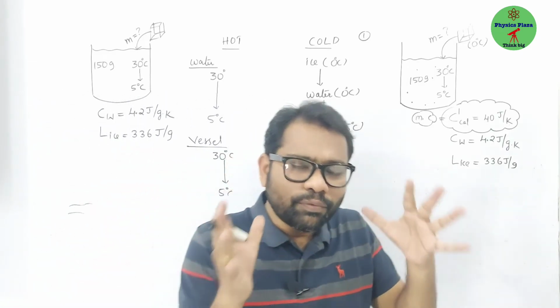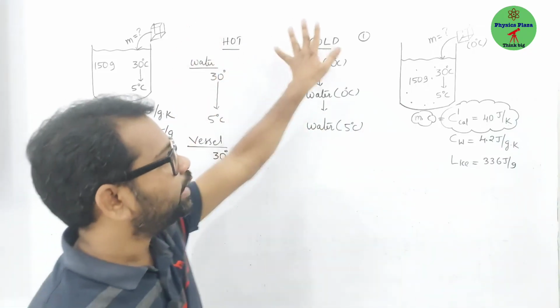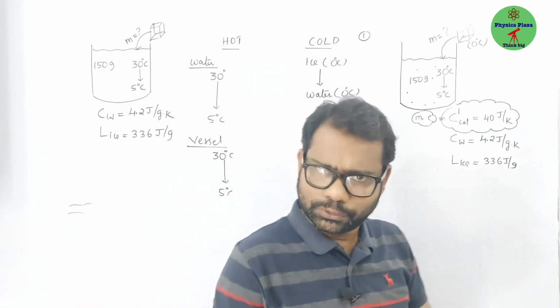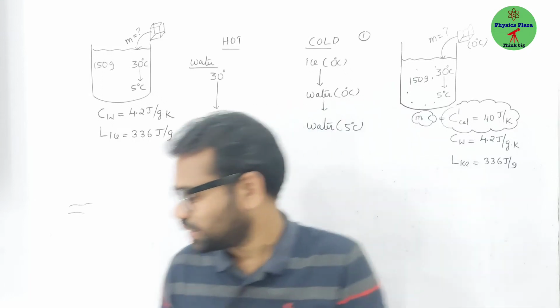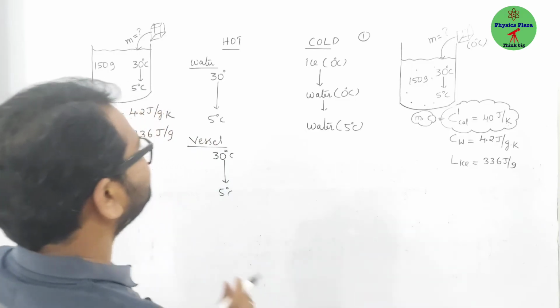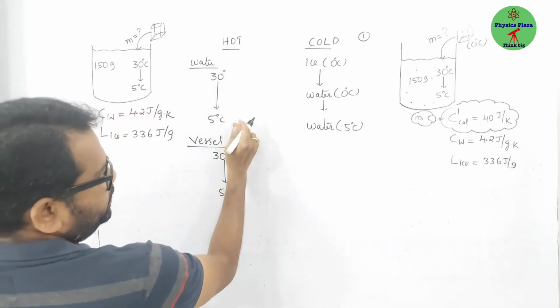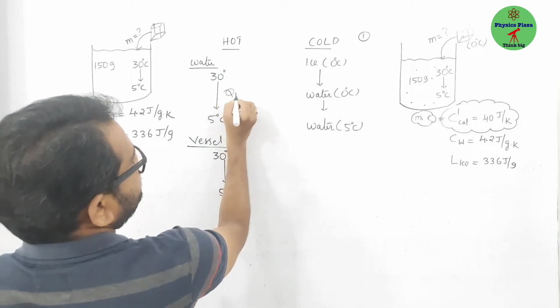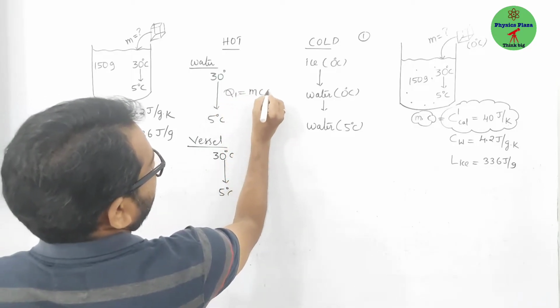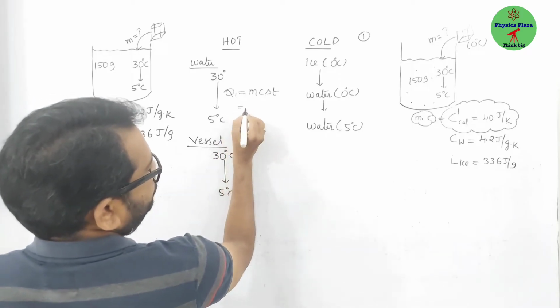Okay, that's fine. Now what is our idea, children? Very simple: heat lost equals heat gained. You equate, you will get the answer. Look here, children, it's very easy. First, there is no change in state, only a change in temperature. So let us use the formula Q1 = mcΔT.